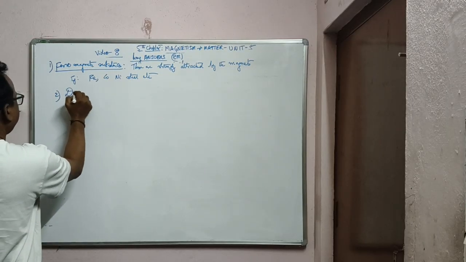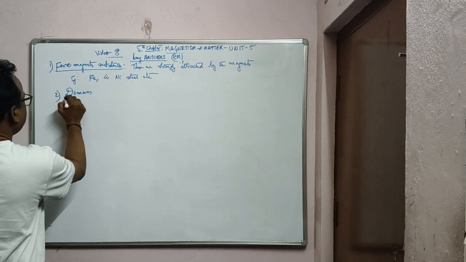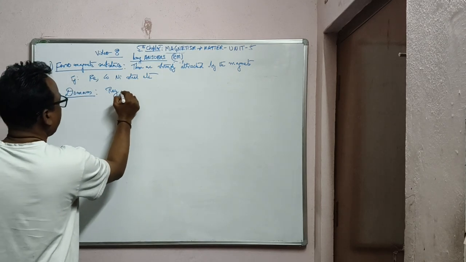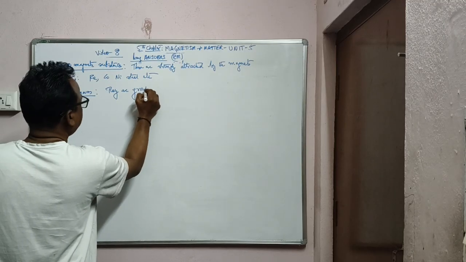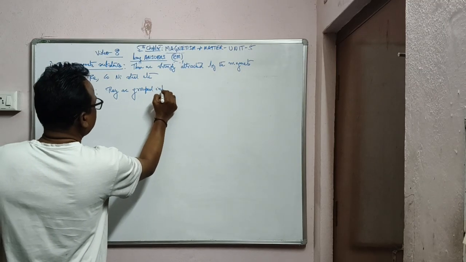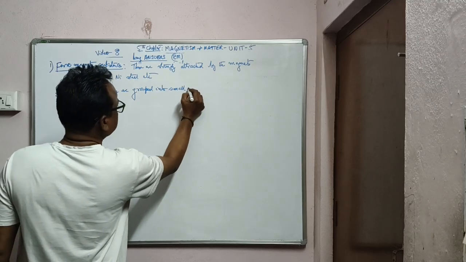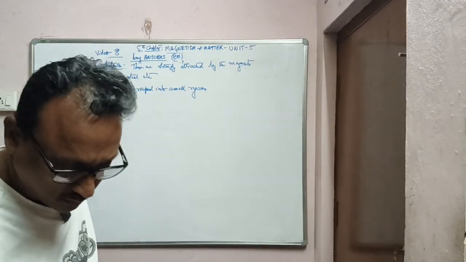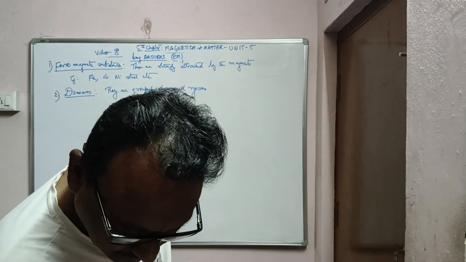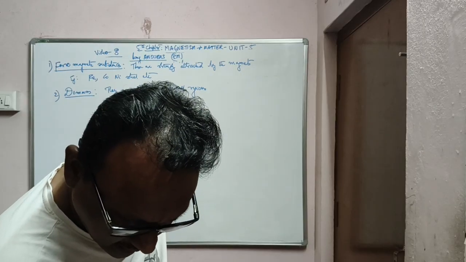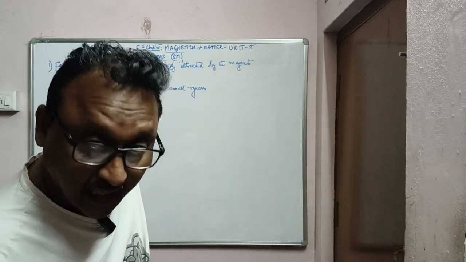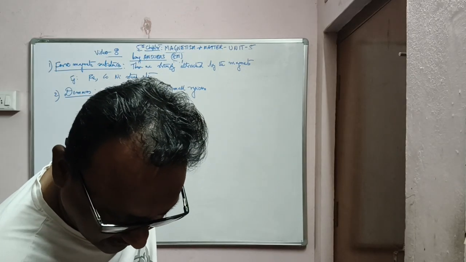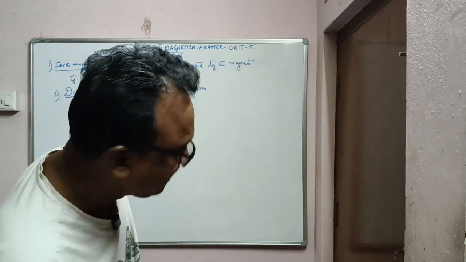In ferromagnetic substances they are grouped into small regions called domains. What happens here? Here all the magnetic moments are aligned in the same direction.